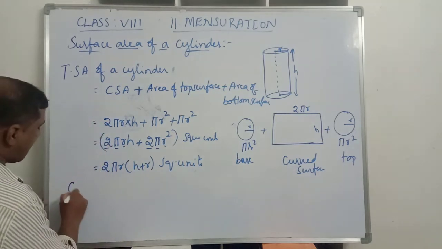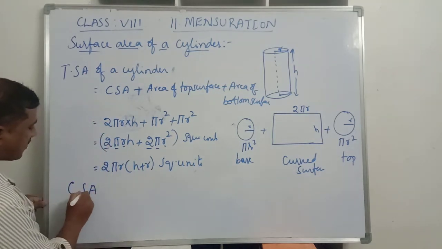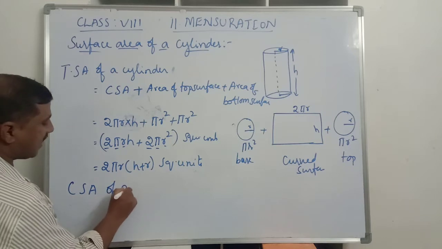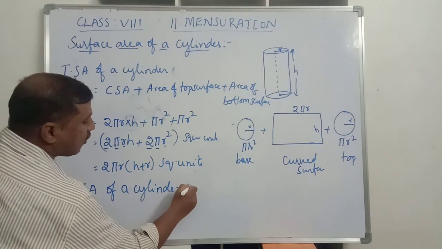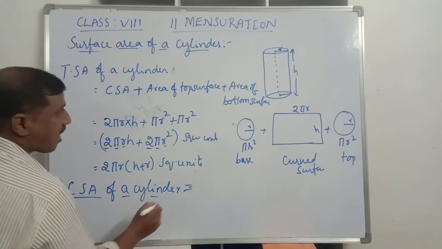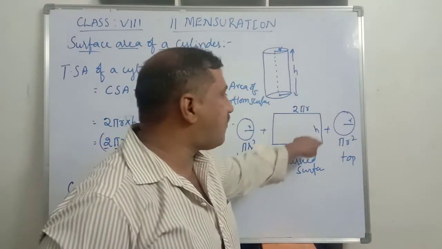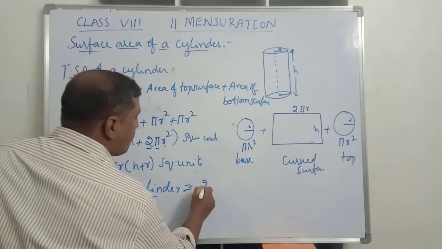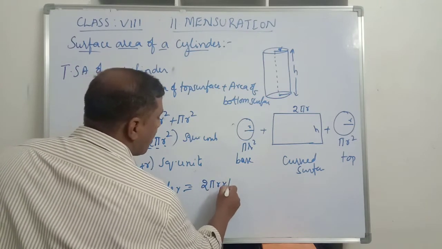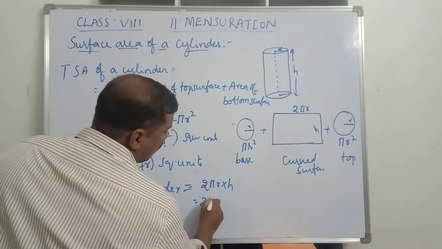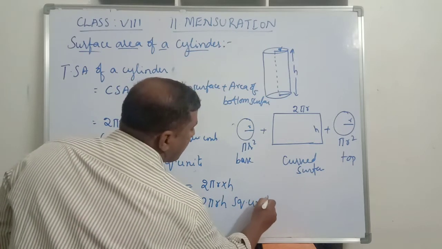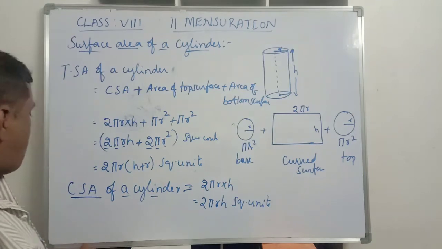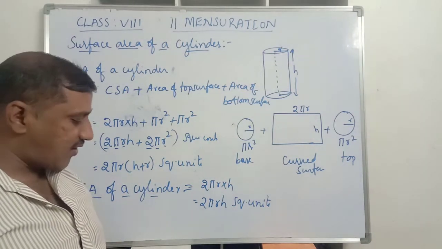Similarly, the CSA, the curved surface area of a cylinder, means only this surface, that is 2 pi r into h, which is equal to 2 pi r h square units. So this is the formula to find the CSA of a cylinder.